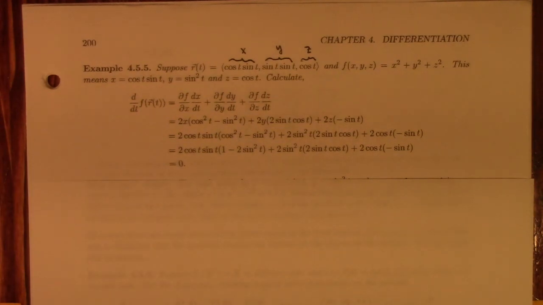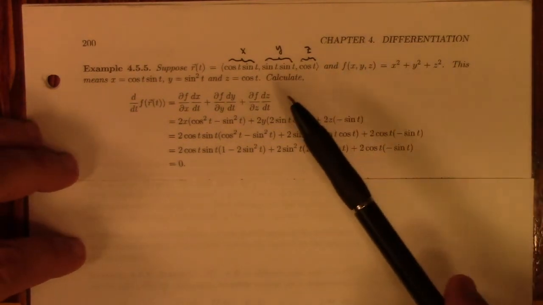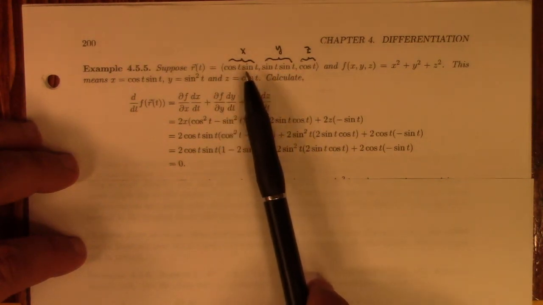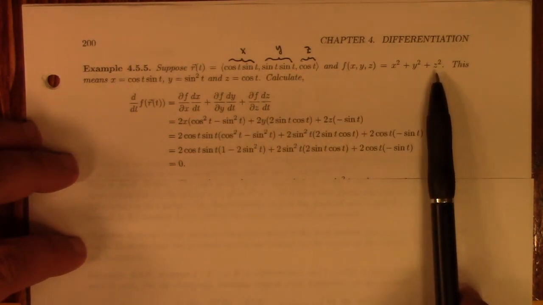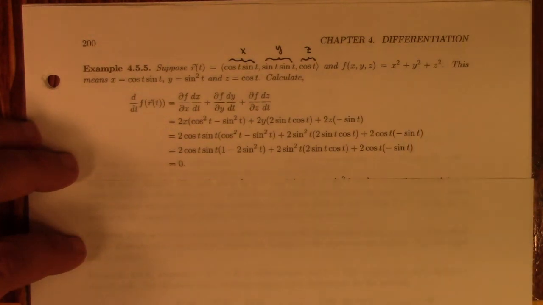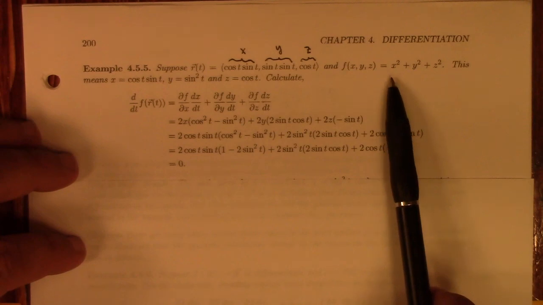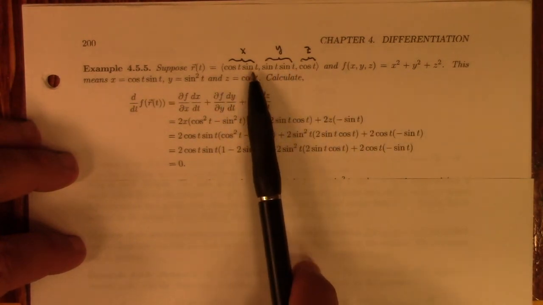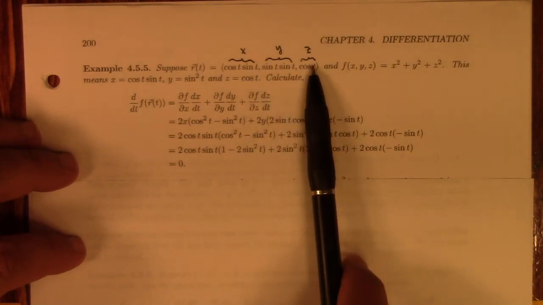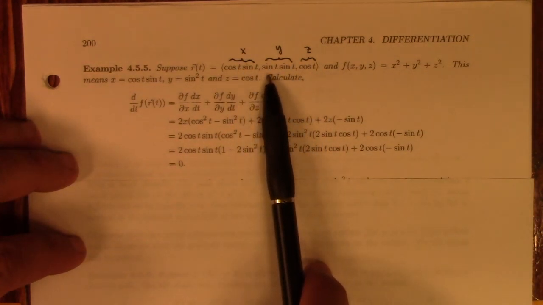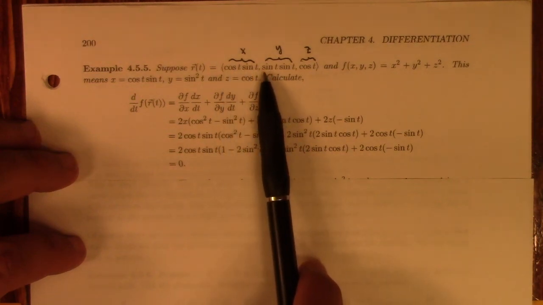Maybe, just maybe, this path is a parameterization of a curve on that surface. If we said x squared plus y squared plus z squared equal to a constant, that defines a level surface, and maybe this is a path on a level surface. In fact, if you calculate x squared plus y squared plus z squared, you notice that the sine squareds and cosine squareds add together to give you 1.